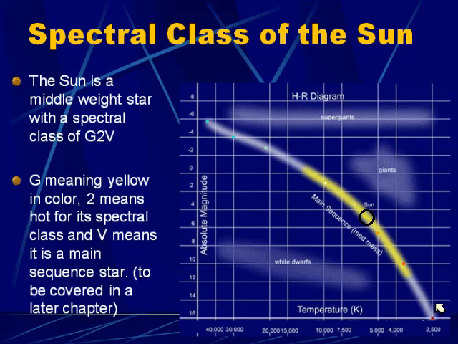It's not very cool like the red stars. It's not very hot like the blue stars. It's right in the middle. The Roman numeral V, or 5, means that it is actually what's called a main sequence star. And most stars spend their lifetime on the main sequence where they're converting hydrogen into helium.